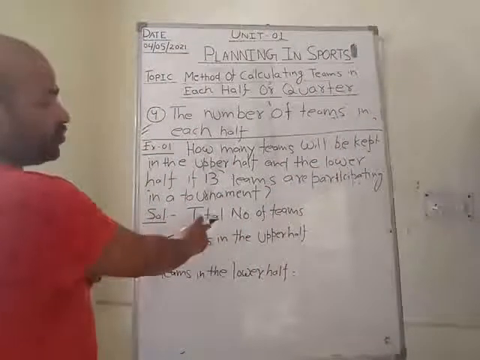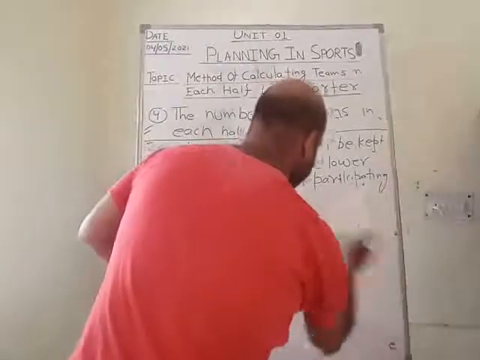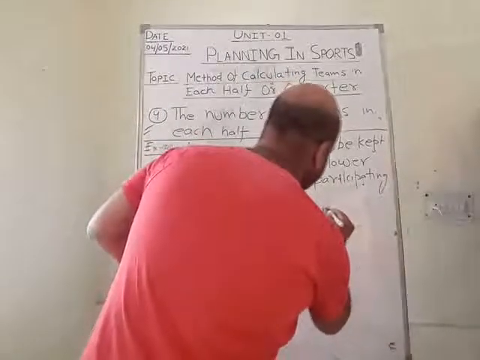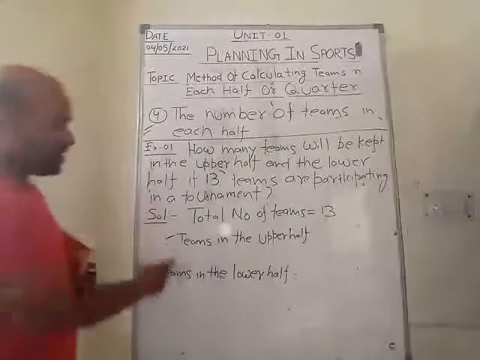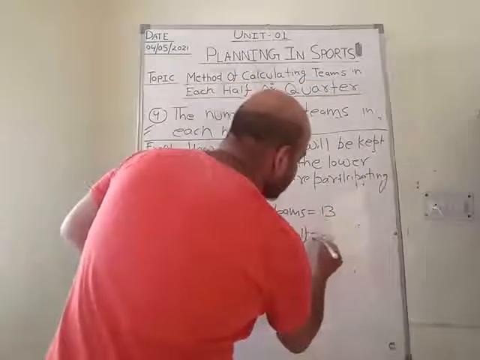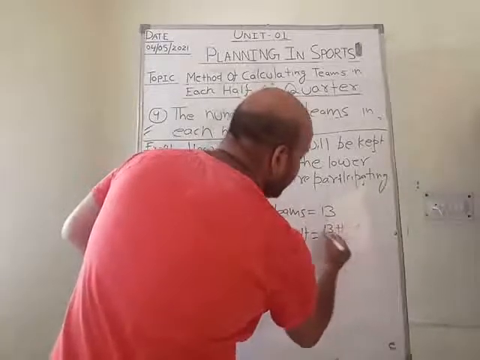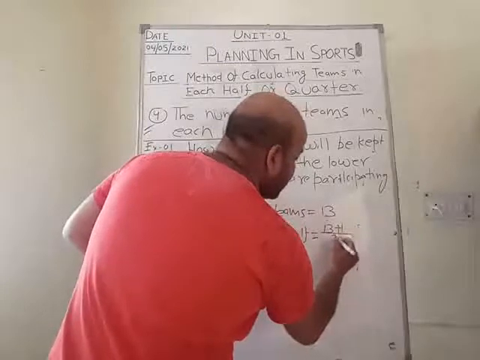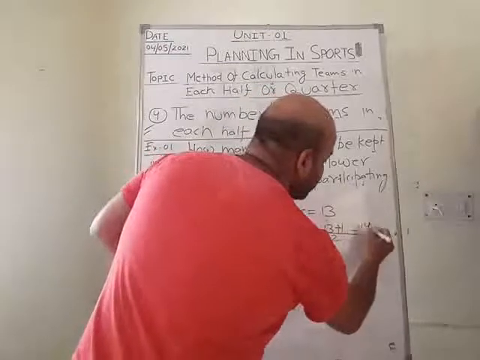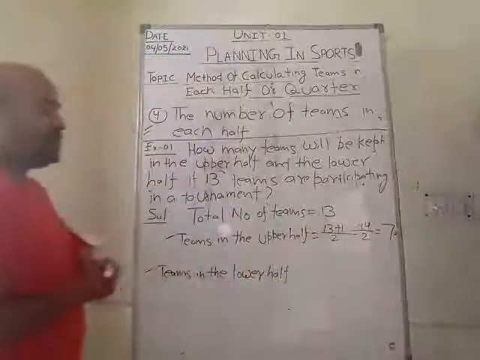Total number of teams 13. Teams in the upper half equal N plus 1 upon 2, equal to 14 upon 2, equal to 7 in the upper half.